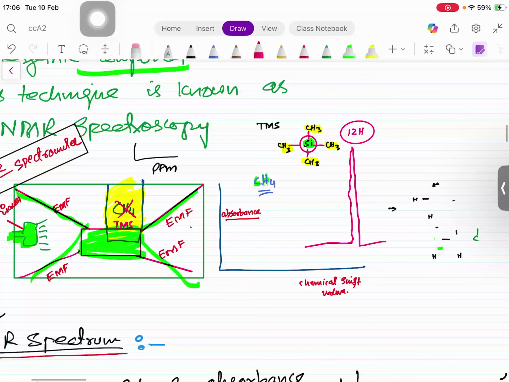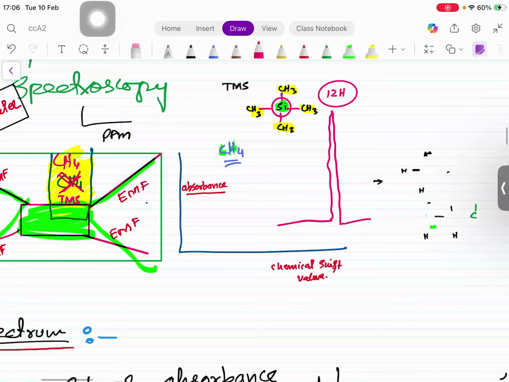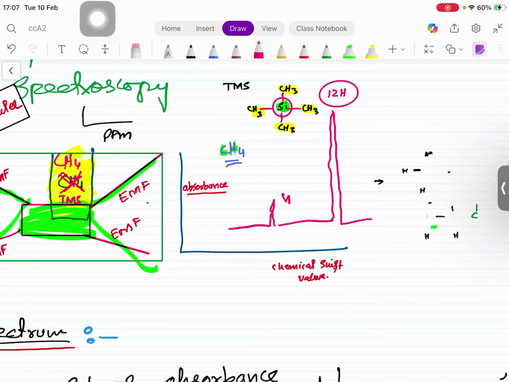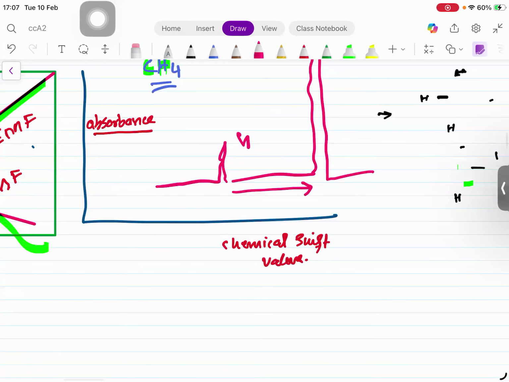Then in the follow-up, I placed methane. And that gave a peak here. And I figured out that methane's 4 protons were absorbing the radio waves 1 part per million, less frequency than the radio waves absorbed by TMS.